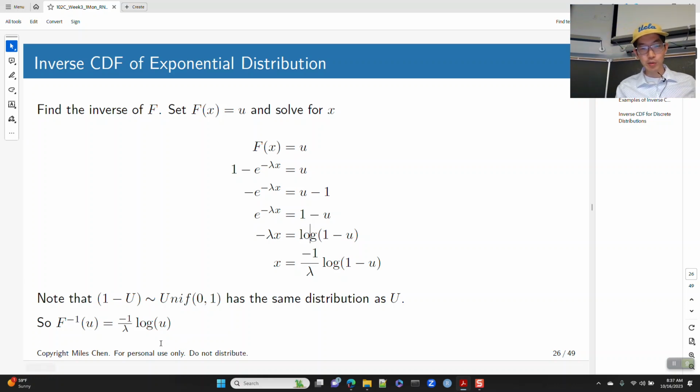So this will be our inverse CDF here: negative 1 over lambda log of u. With u being a random uniform value between 0 and 1, the log of a value less than 1 is always negative, and then you multiply by negative 1 over lambda.